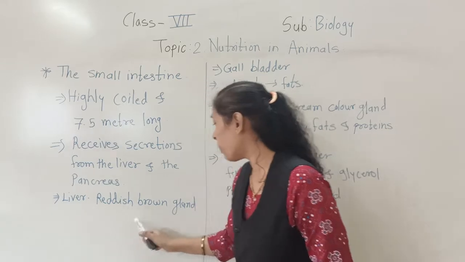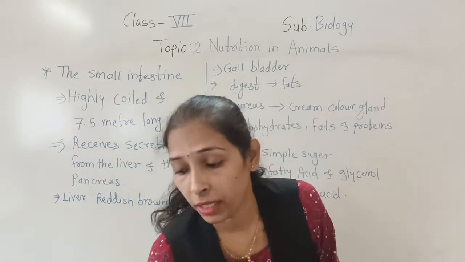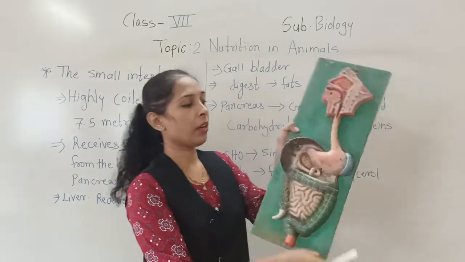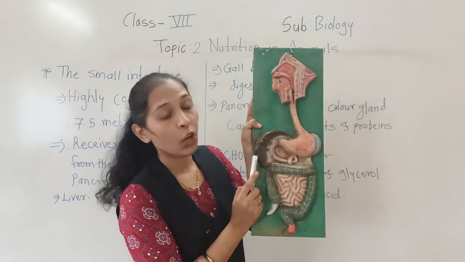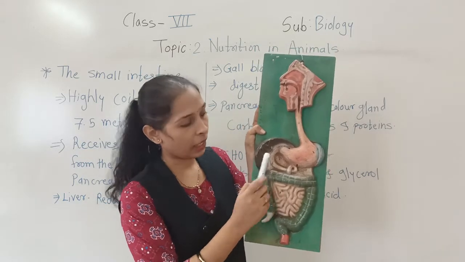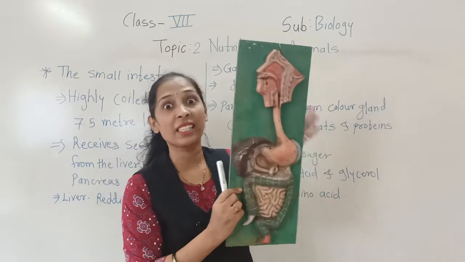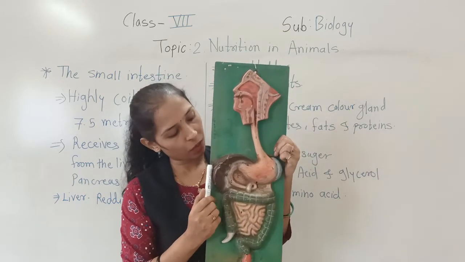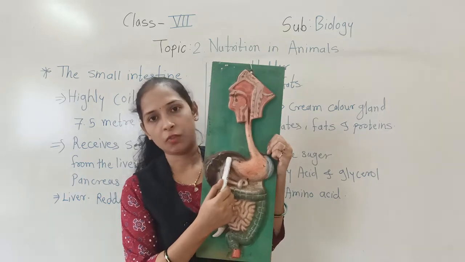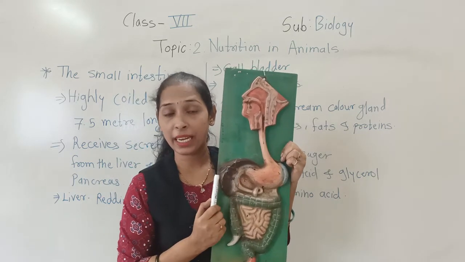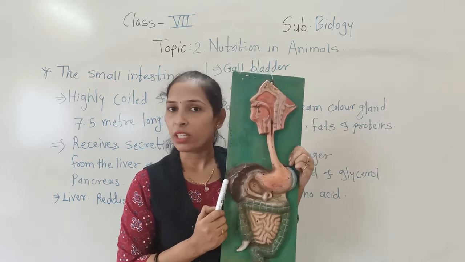Liver, a reddish brown gland. Okay, so see here, the liver is nothing but what? A reddish brown gland which is situated on the upper side of the stomach towards the right side. To the right of the stomach and to the upside of the stomach there is one gland, that is what? The liver gland.